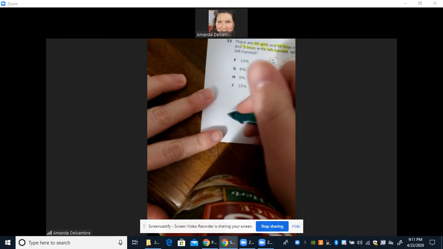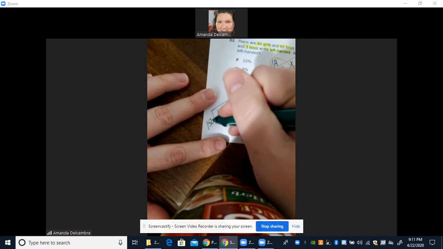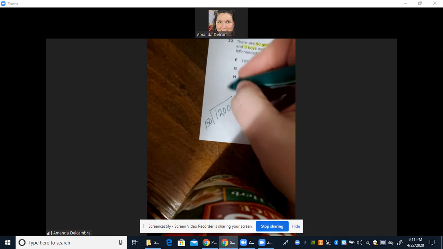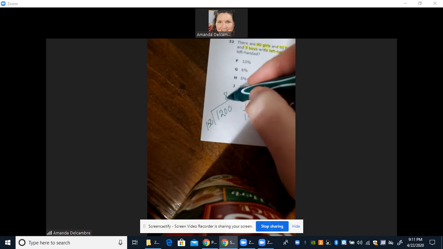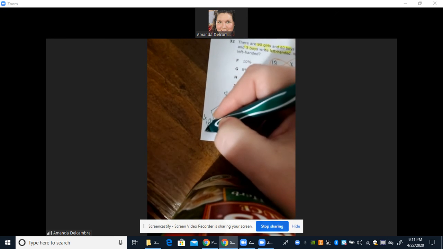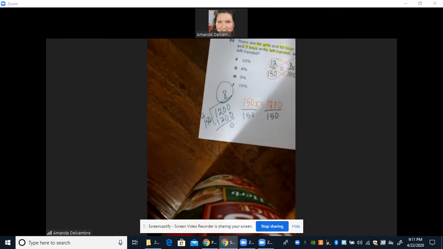I'm going to do my math over here. 1200 divided by 150. 150 can't go into that. Let's try 8. 8 times 0. 8 times 5 is 40. 8 times 1 is 8, plus 4 is 12. So there we go with our missing percent. That's the percent of lefties in that 6th grade class.